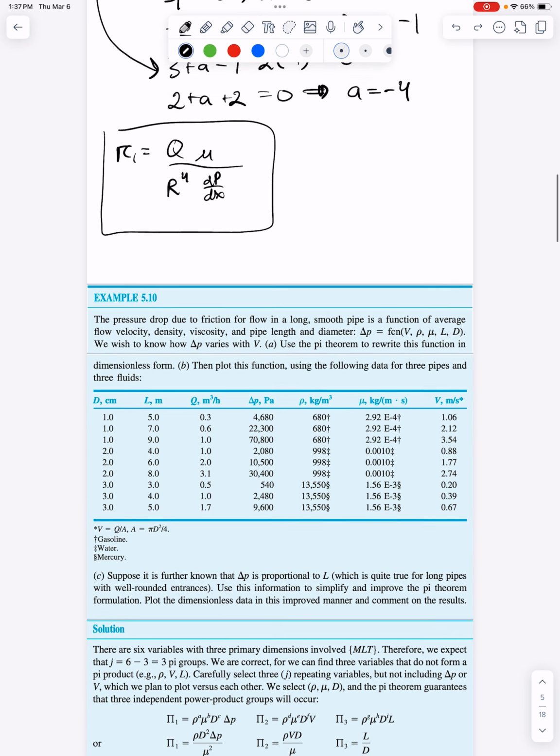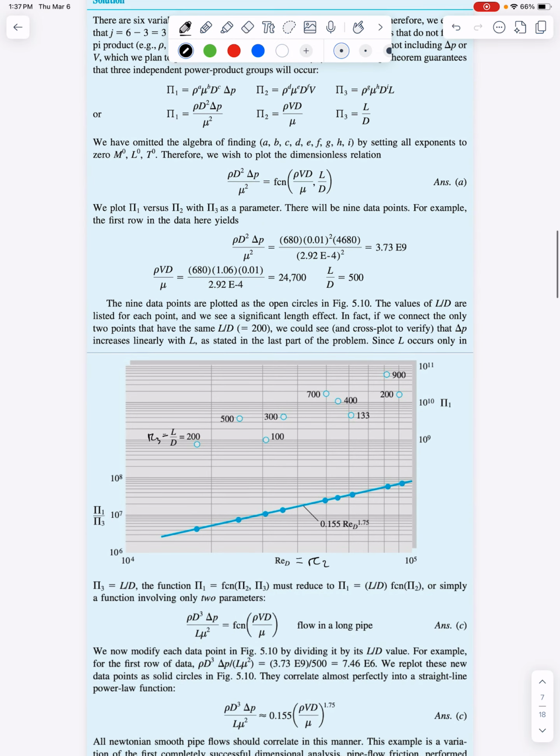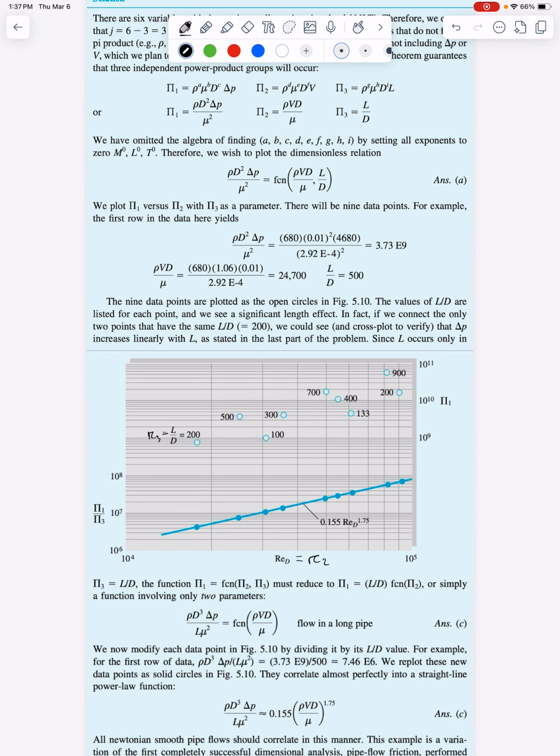Part B, you're given this table of different values. Essentially, what they want you to do is solve for pi 1, pi 2, and pi 3, and basically form 3 new columns based on this information. Based on those 3 columns, you then plot the following plot here, shown by the non-filled circles.